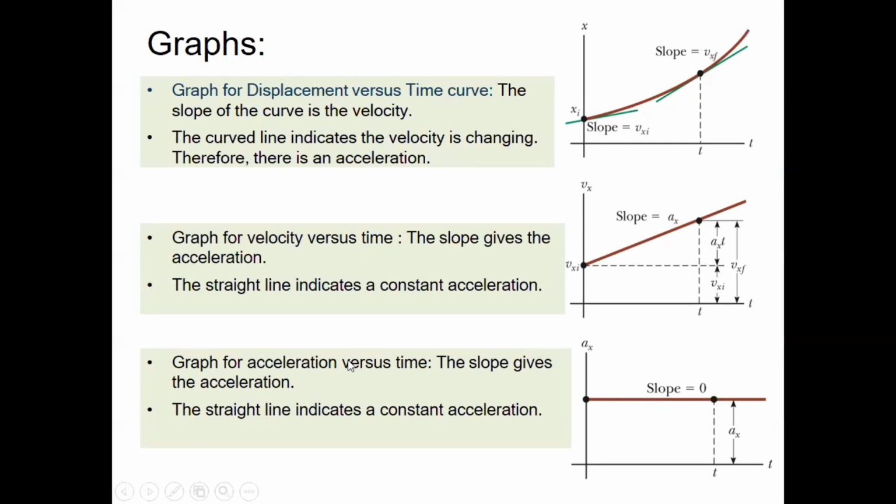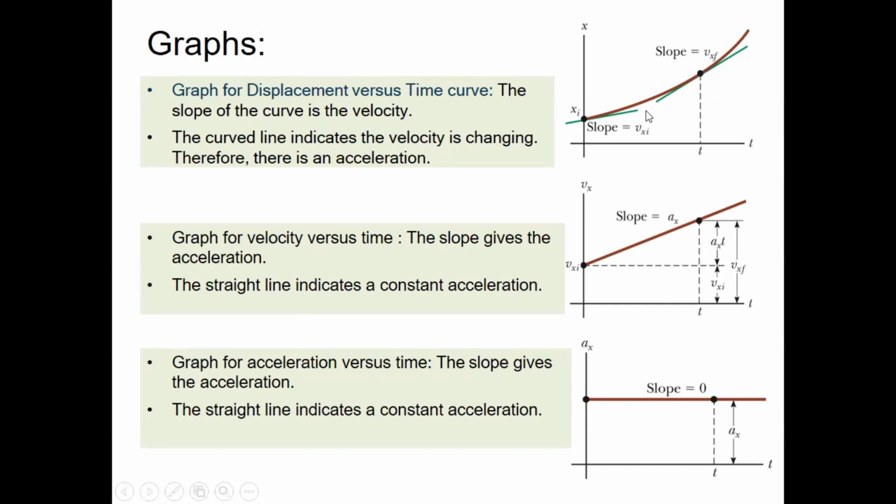Let me briefly talk about the different types of graphs that occur. The first graph is the displacement versus time. The red colored curve shows the displacement as a function of time, and its slope is the velocity. The green colored line is the velocity.